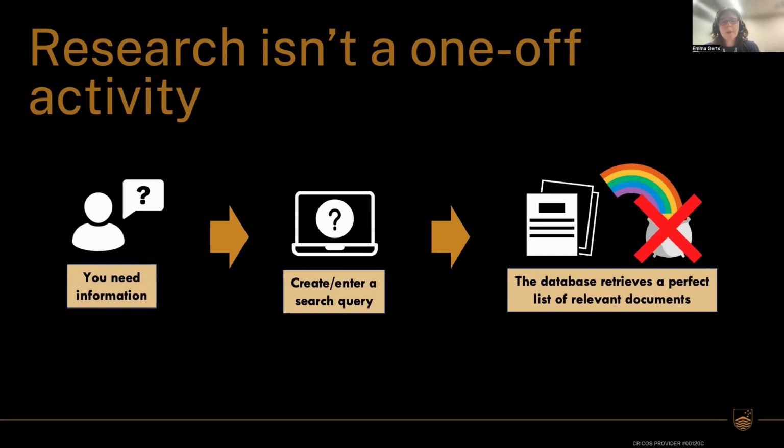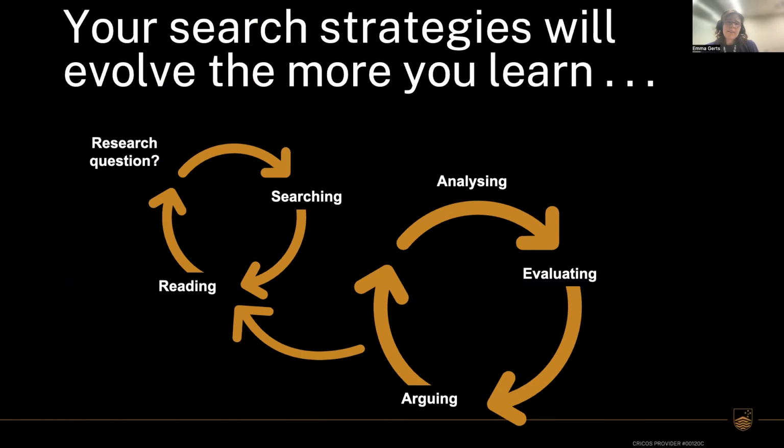It's not as simple as deciding what information you need, looking for that information, and having that information available for you. If you are doing good research and you are having good research practices, you will find that your search strategies actually evolve the more you learn about your topic.